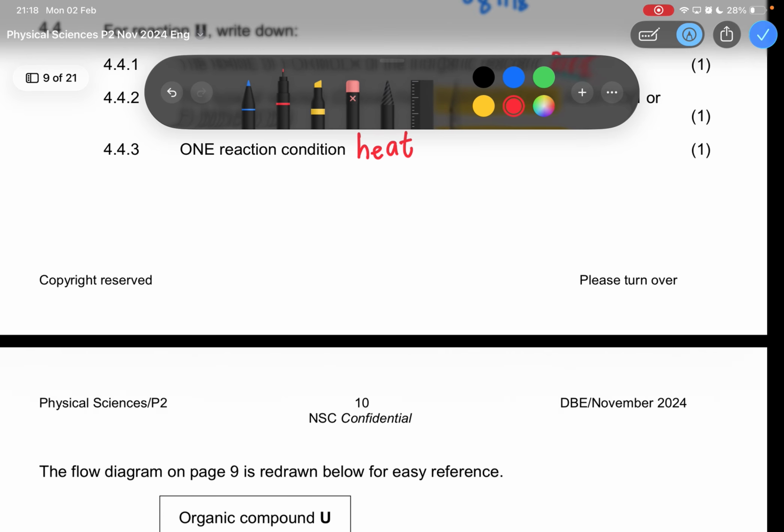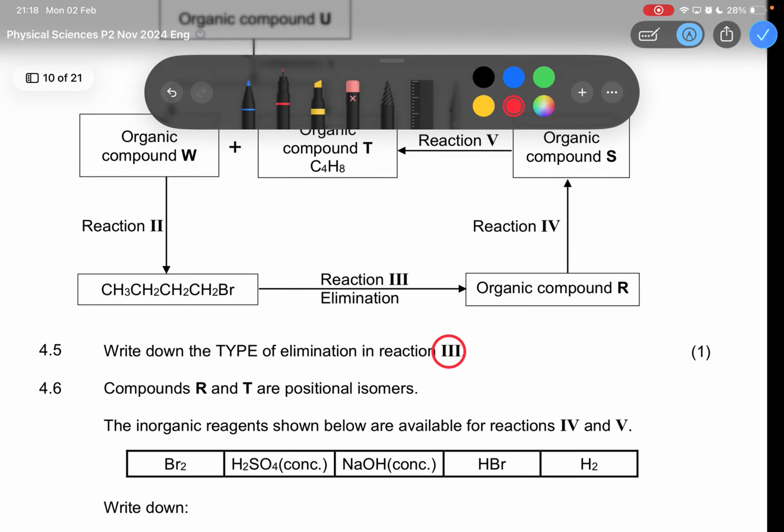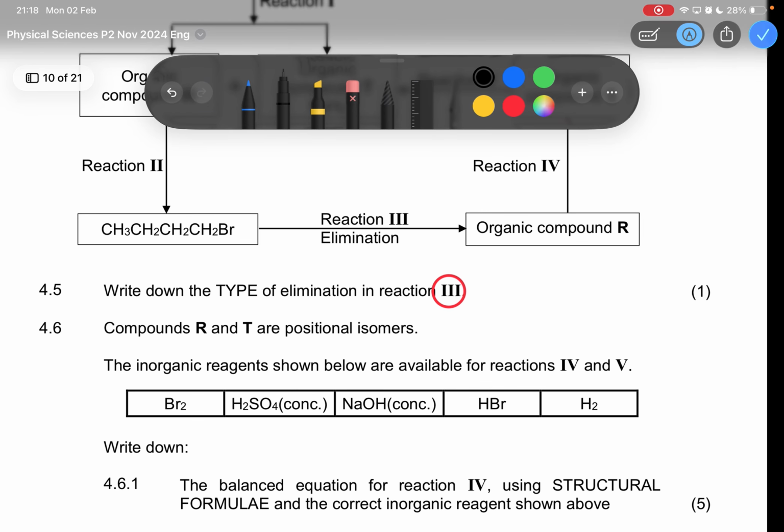Dehydrohalogenation. So this reaction is therefore a dehydrohalogenation, what a long name. And you must know that this dehydrohalogenation has 3 products: the alkene, the salt plus water.